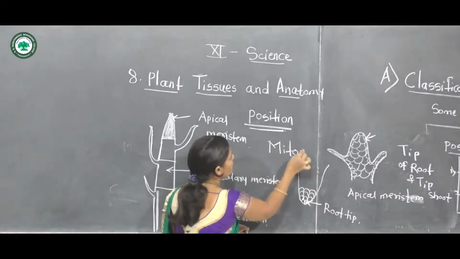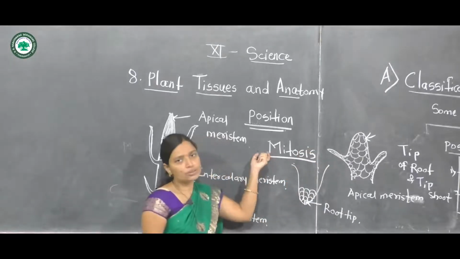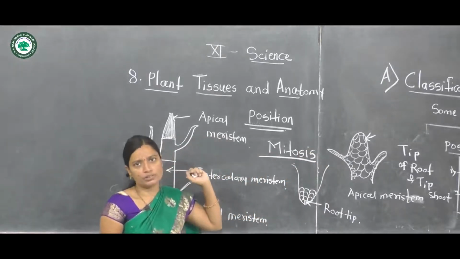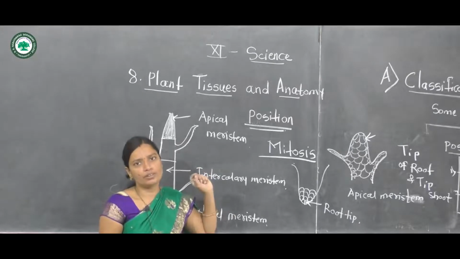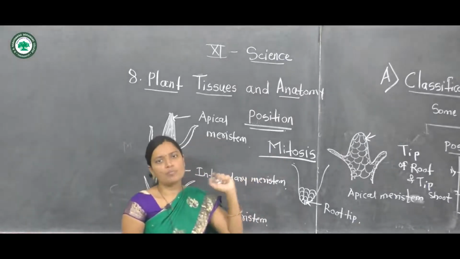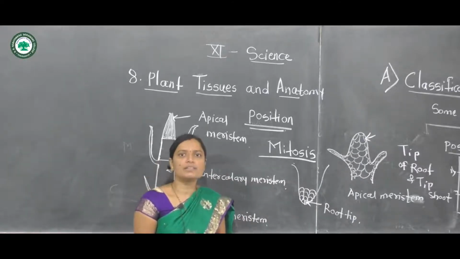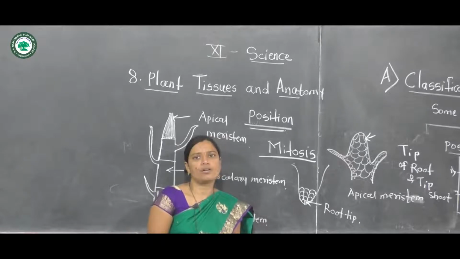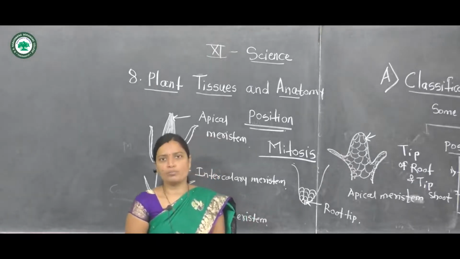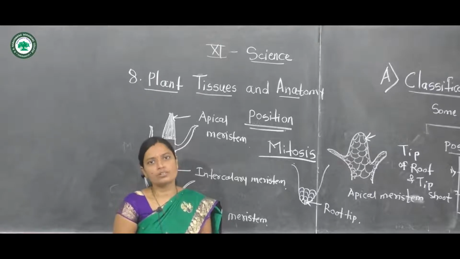This is mitosis. You know mitosis and meiosis, these two important cell divisions. Mitosis takes place in somatic cells or body cells, and meiosis takes place in the reproductive cells or the reproductive part of the plant body. For example, the flower is a reproductive structure, and the meiosis process takes place in this part.